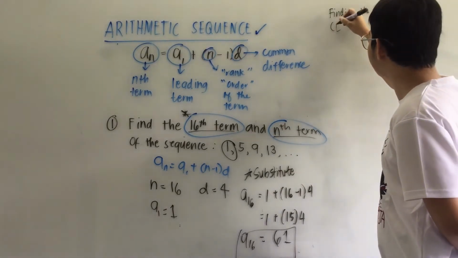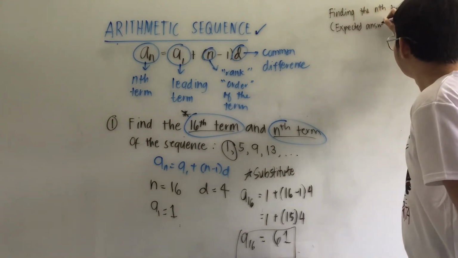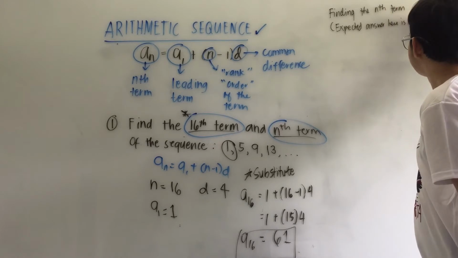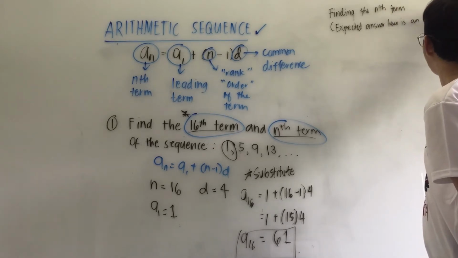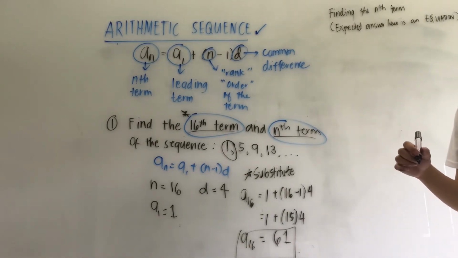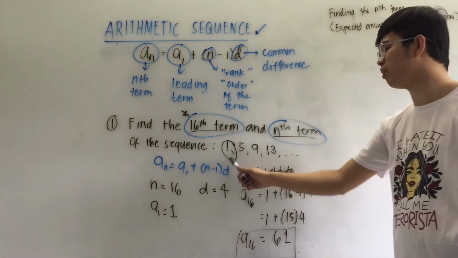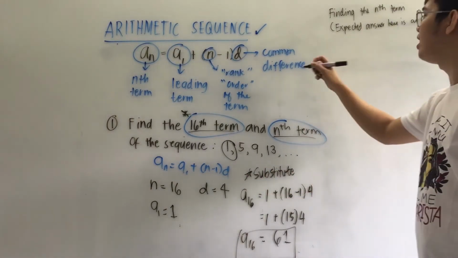So the expected answer here is an equation. That's the expected answer. Okay, so now we have to find an equation with n that will define the nth term of this sequence. How do we do that?